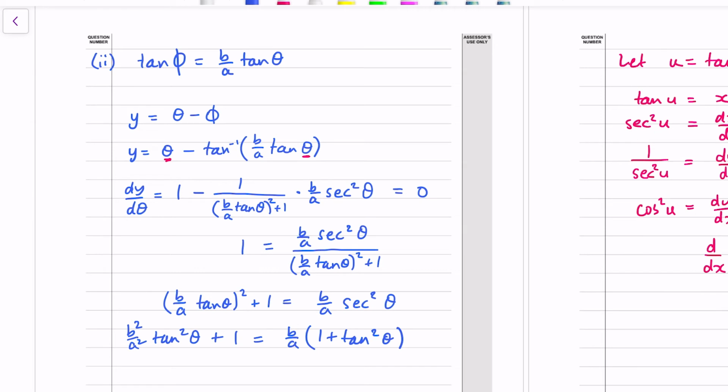This doesn't look very nice. Just going to have a check to see if I'm on the right track with this. It's supposed to come out as quite a nice answer. Oh, of course, the marking schedule didn't do it this way. So sec squared, 1 plus tan squared. I've got a 1 there, so it's supposed to be there. Yep.